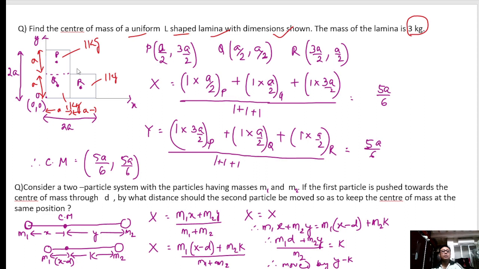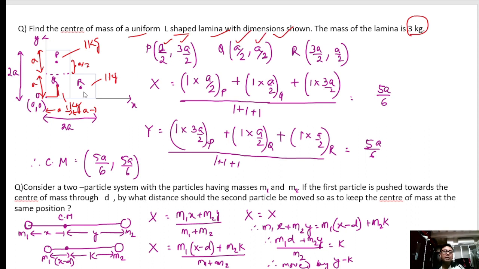So what is the coordinate of P? The x of P will be a by 2 and y will be a plus a by 2, that is 3a by 2. Now come to Q. The x of Q is a by 2 and y is a by 2. So a by 2 comma a by 2.